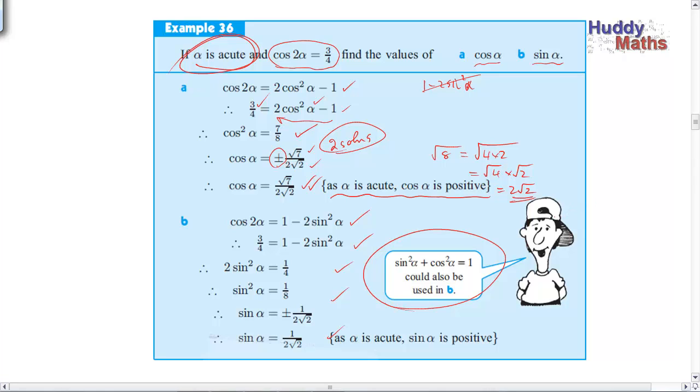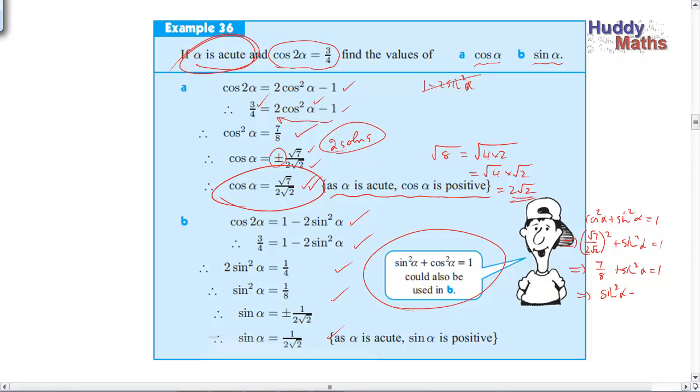Should we check that? Okay, so if we did it over here, cos squared alpha plus sine squared alpha equals 1, take the cos alpha from here, so it's root 7 over 2 root 2 squared plus sine squared equals 1. So this is 7/8, we said that before. And now subtracting it from both sides, we should put implies here, the implication sign.